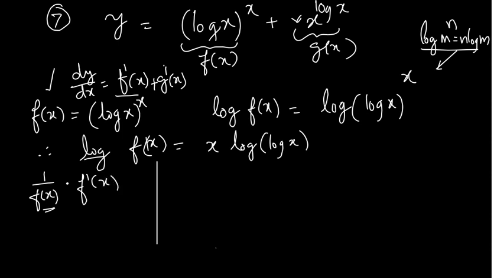That's why f dash x. This is the LHS differentiation. RHS, this is u, this entire thing is v. So u equal to x, v equal to log x.